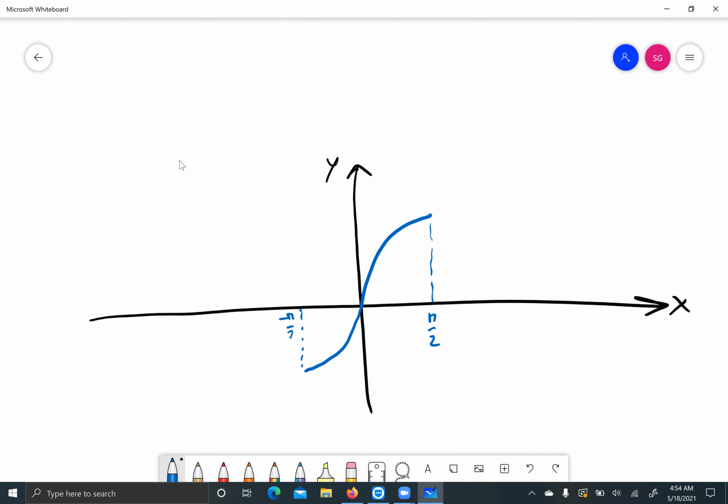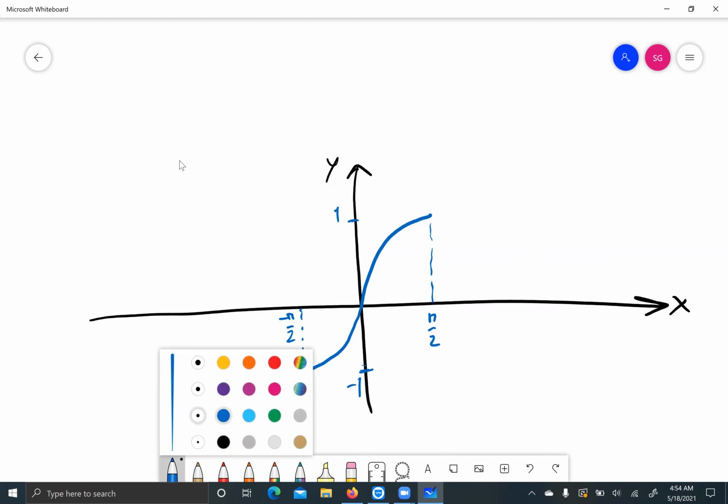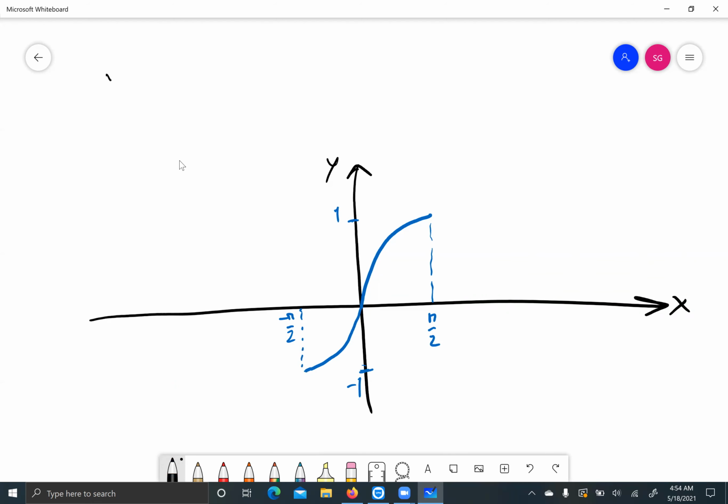At pi over 2 the value is 1, and at negative pi over 2 the value is negative 1. So for sine of theta, we restrict the domain to negative pi over 2 and pi over 2. It contains the angle 0 and it also is one-to-one, so it's possible to define the inverse.